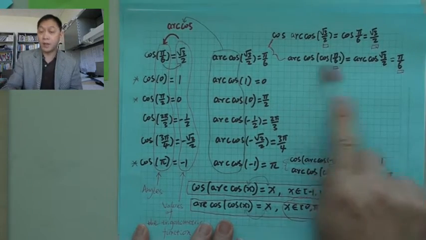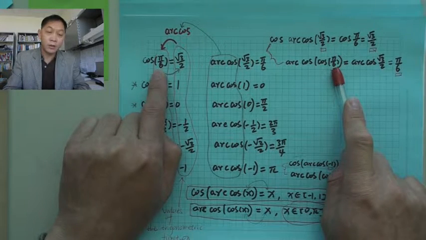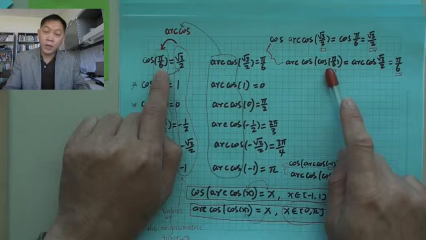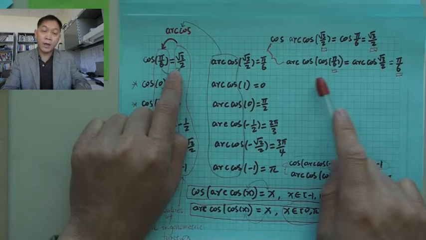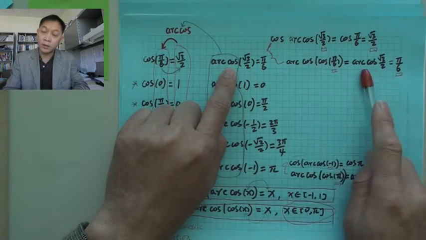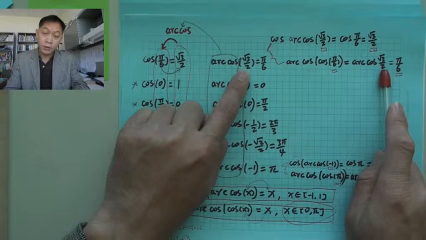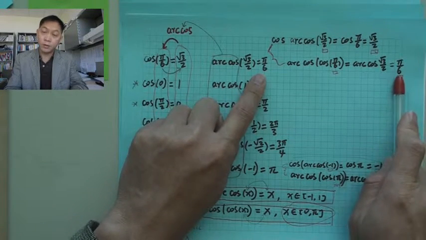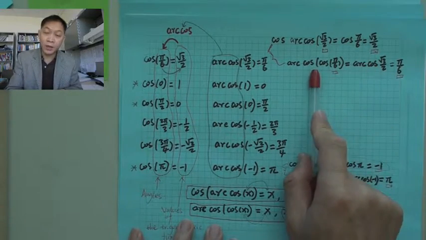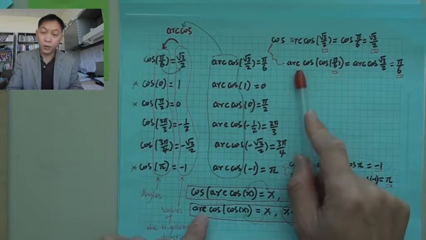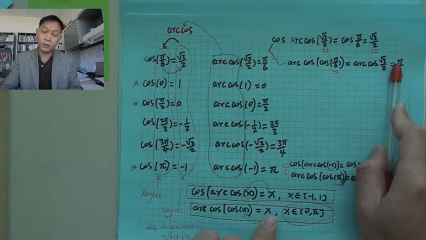Now here's the same thing. You studied with the angle pi over 6. You then get cosine of pi over 6 is radical 3 over 2. You then act using arc cosine on radical 3 over 2, and you have pi over 6. So those two values are the same. Then you have arc cosine of cosine of something, and the angle is the same angle.